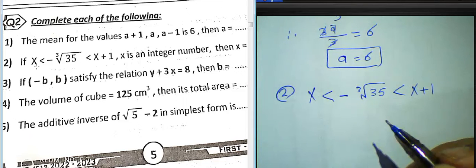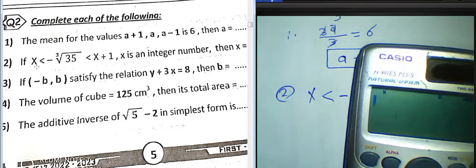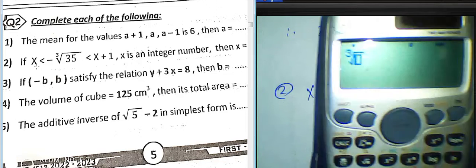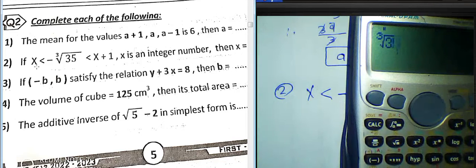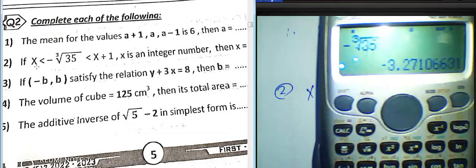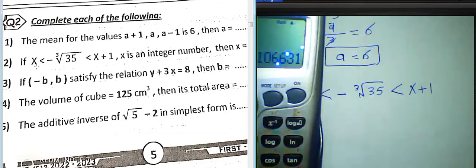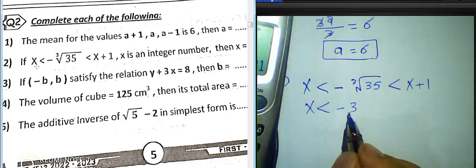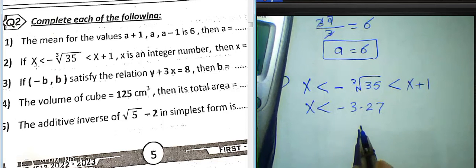We can find the result by using a calculator. Put the cubic root, shift cubic root here, write 35 and write negative outside. The result will be negative 3.27. Then x will be less than negative 3.27.